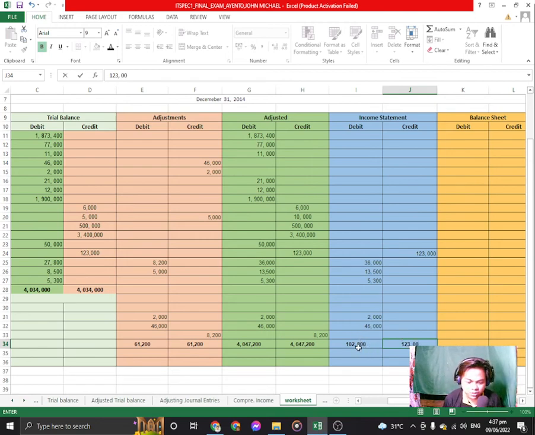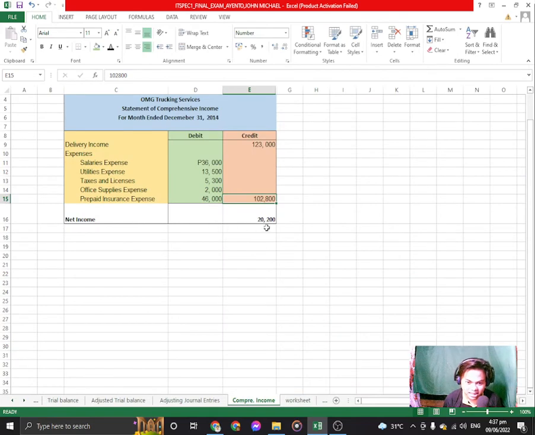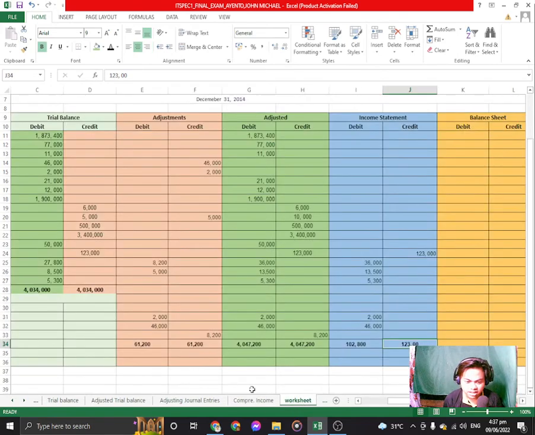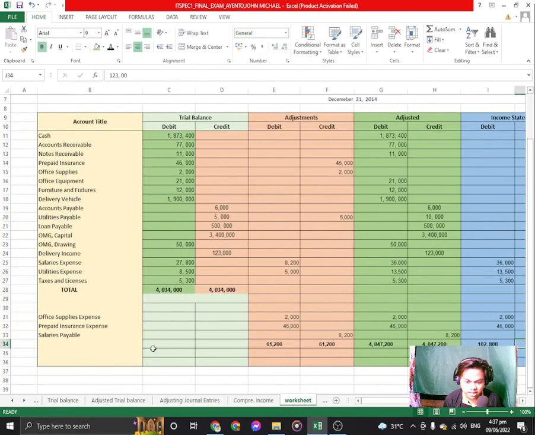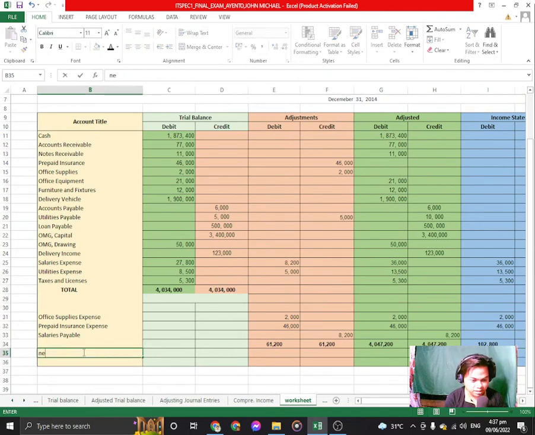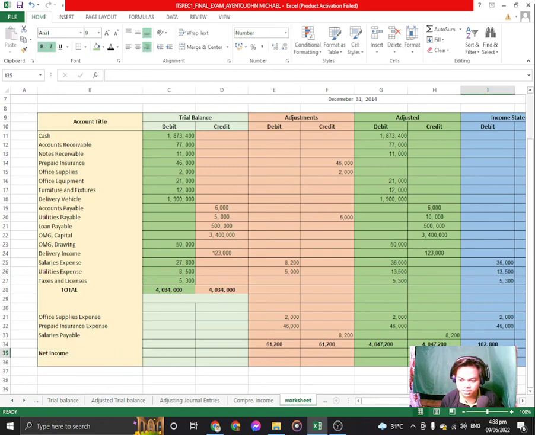So atong gamiton diri para ma-balance sila is gamiton nato ato ang nakuha kagani na net income. So okay, diri aman to na masya nakabutan diri on net income ni siya diri net income. Okay, net income. Okay, ito na siyang i-bold. Diri ana to siya ibutang.